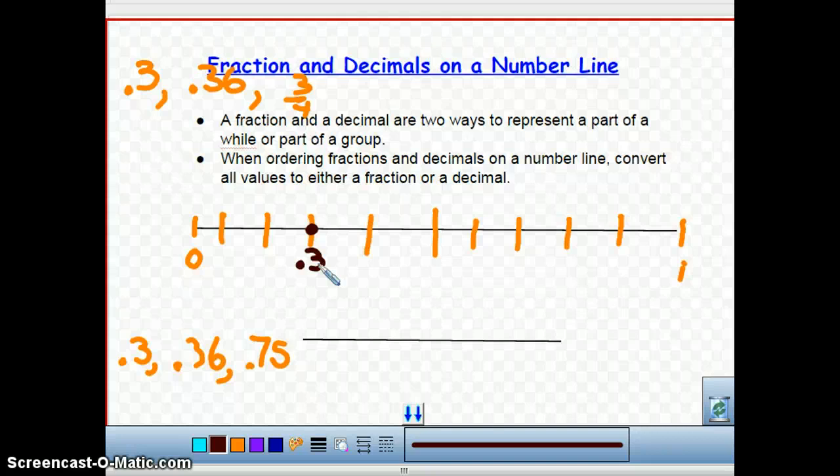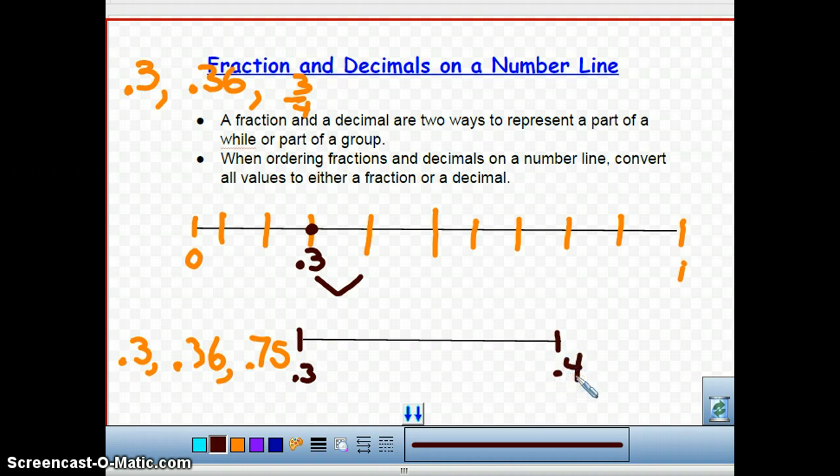Haley? 10. Okay, let me show you something. I'm going to break this down into a new number line. This now becomes my 3/10, and this is my 4/10.